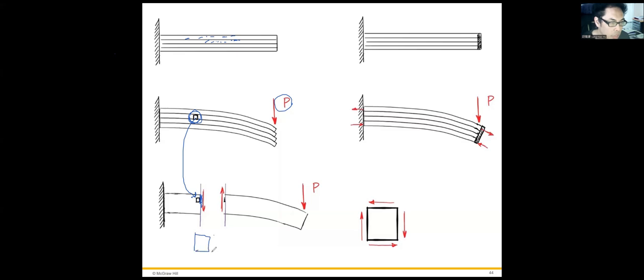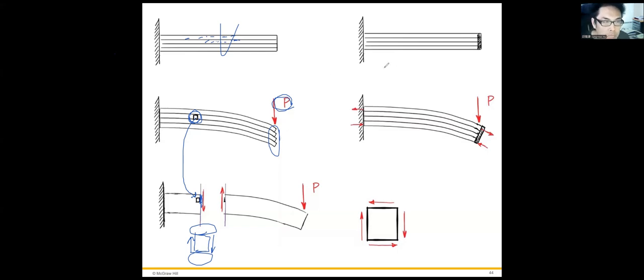There's only shear here and here, and no shear force right here, because the interface between the plates can be assumed to slide against each other.